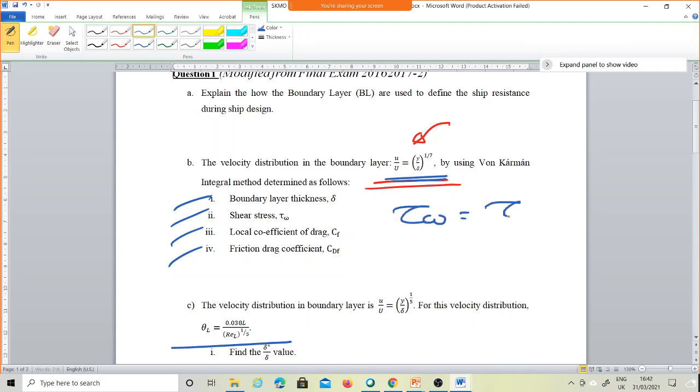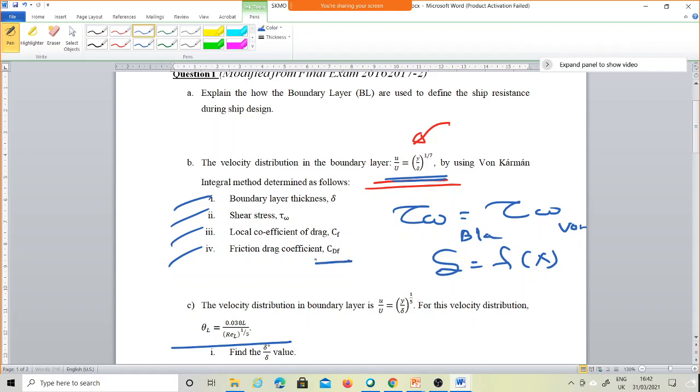This one is from Blasius, and this one is for von Karman. Integrate, then you will get delta as a function of x. That's all. If you have the delta, you just put it back in the tau expression and you will get the shear stress. If you have the shear stress, you just divide it by half rho u square and you will get the local friction coefficient.